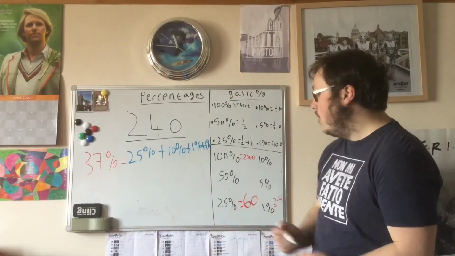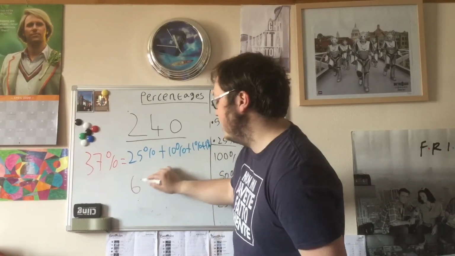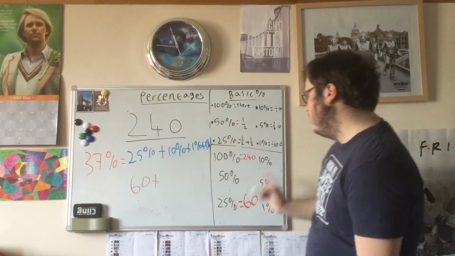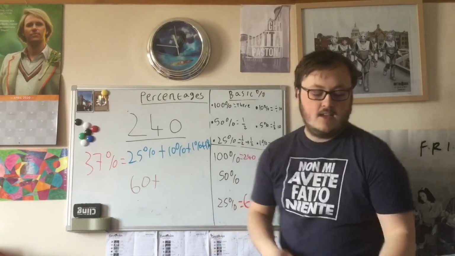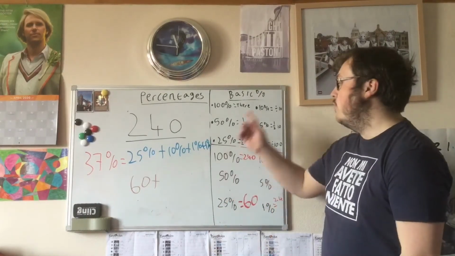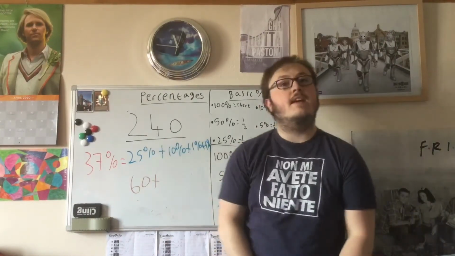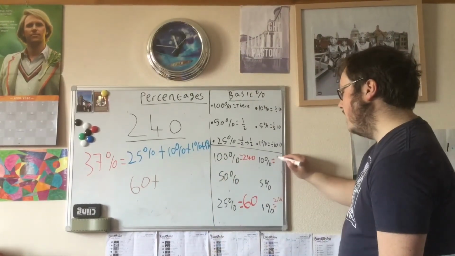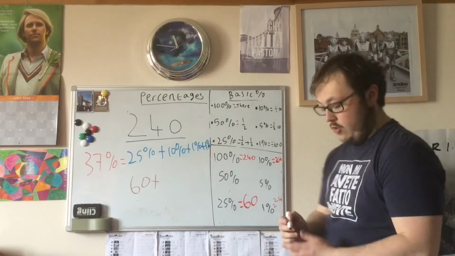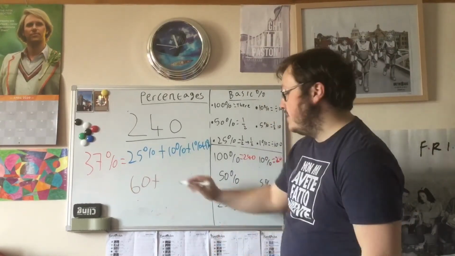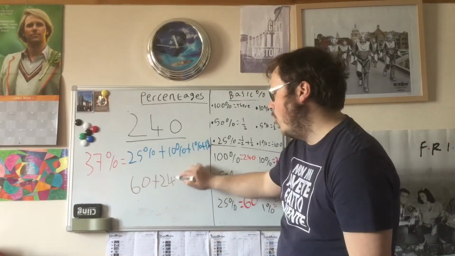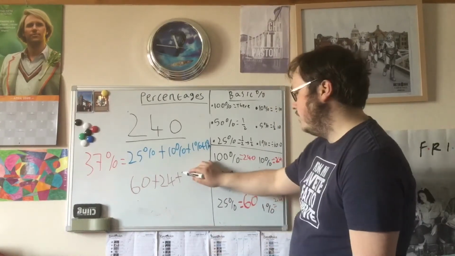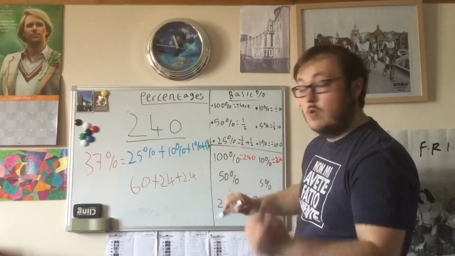So 25% we've got, which is 60. But we don't have 10%. How do we find 10%? We divide our 100% by 10. So what is 240 divided by 10? 24. So now we can put that in. Our 10% is 24. Add 1%, which is 2.4, thanks to the previous question.